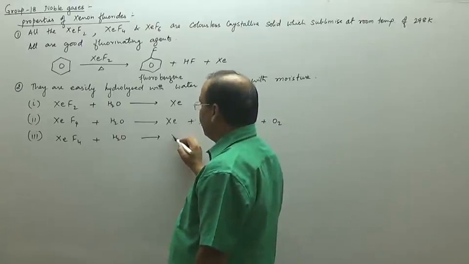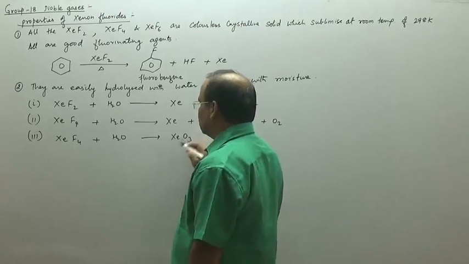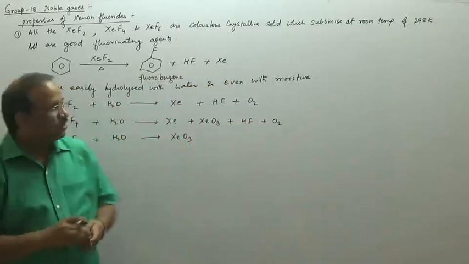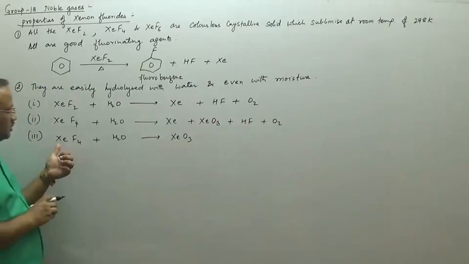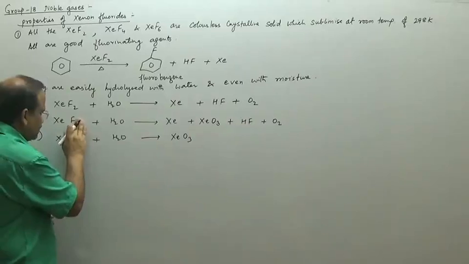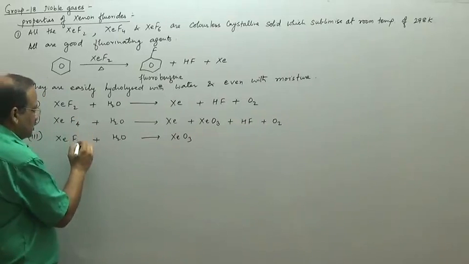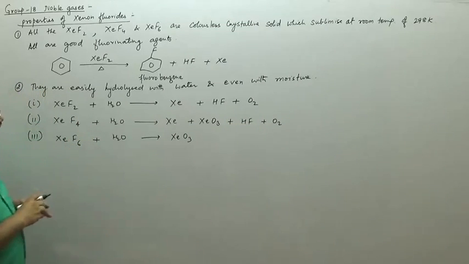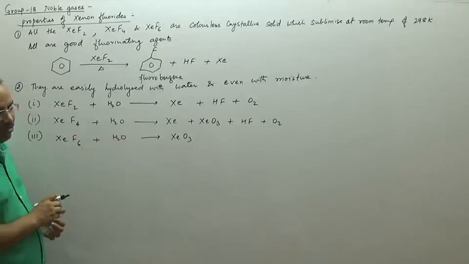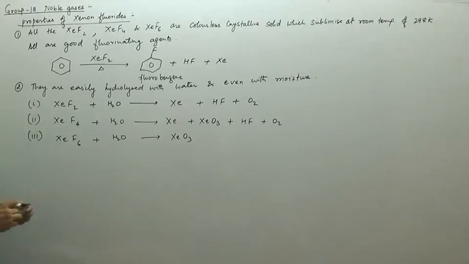Whereas in this case, XeO3 is formed by hydrolysis, and it is not an oxidation process because the oxidation state is unchanged. This is XeF4, and this is XeF6. When XeF6 reacts with water, XeO3 and HF are formed in the reaction.